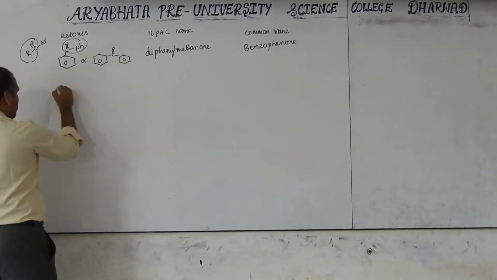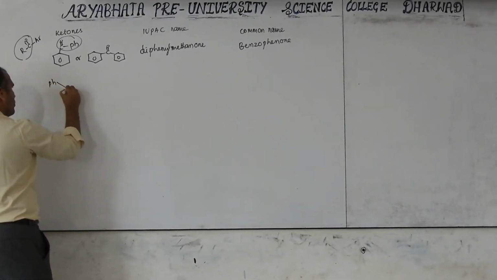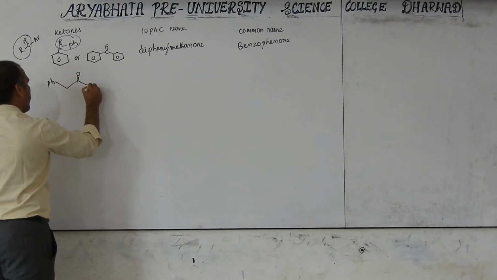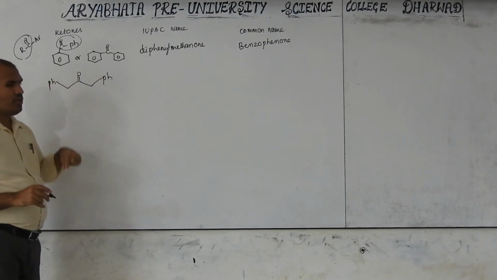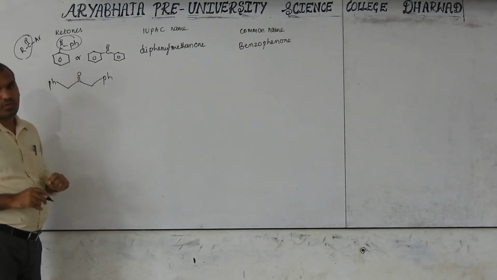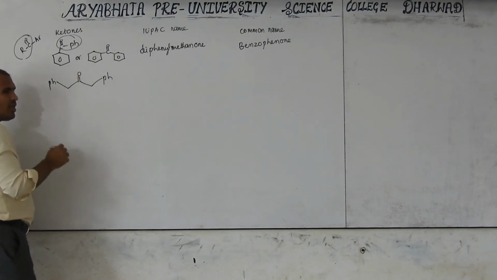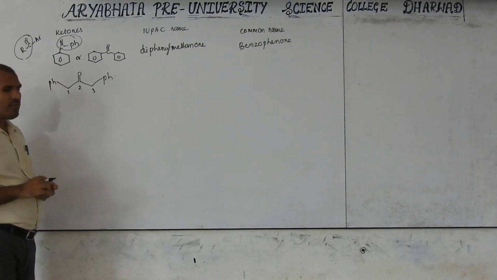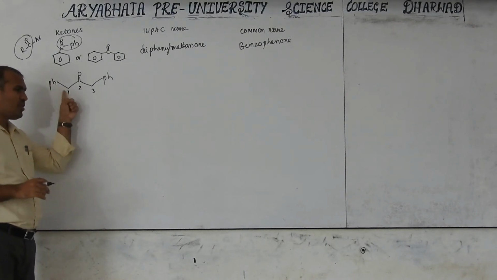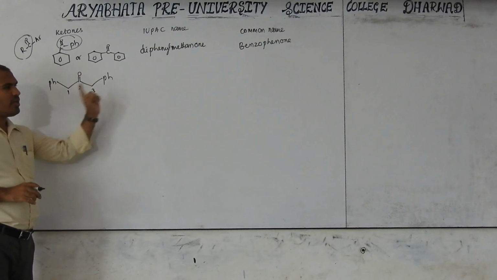Next. Phenyl group, CH2, CH2, C double bond O. Now if you count the numbering 1, 2, 3, at which position do we have the substituent? First position we have the phenyl group, third position we have the phenyl group.